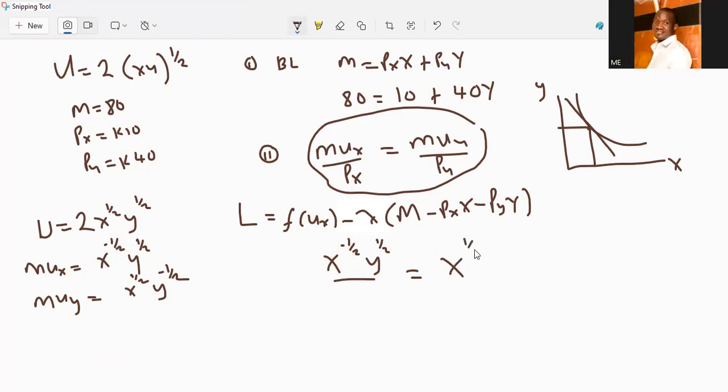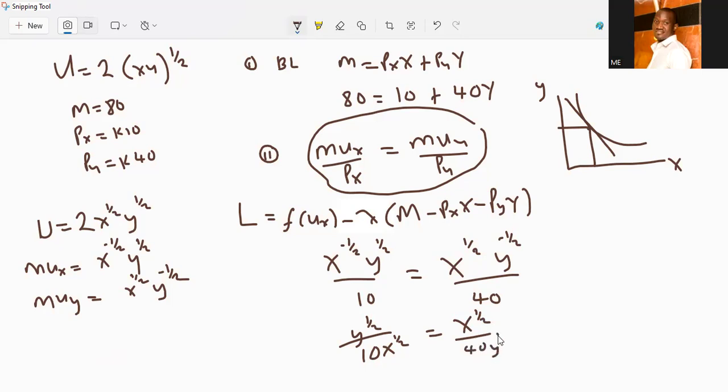So now the MUX, we are seeing where it's coming from, and the MUY, we're seeing where it's coming from. For the MUX, the negative is on the X, for the MUY, the negative is on the Y. The price of X is 10, and the price of Y is 40. We cross multiply. According to indices, the one with the negative falls down. So we have X to the negative half over 10 equal to Y to the negative half over 40.